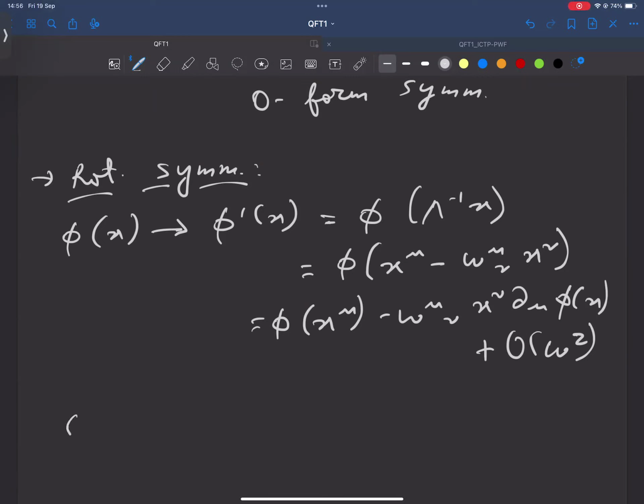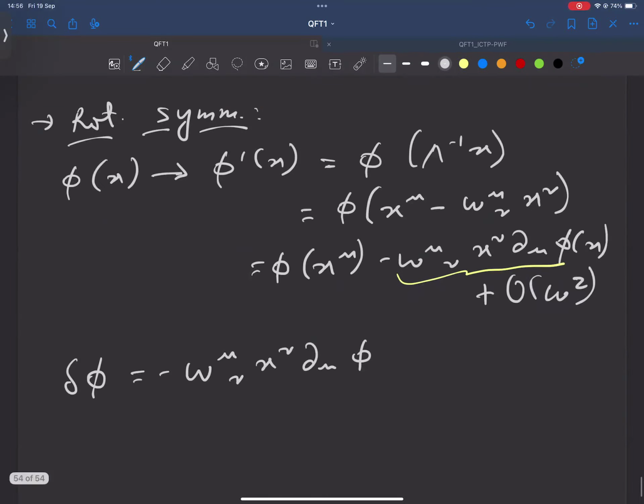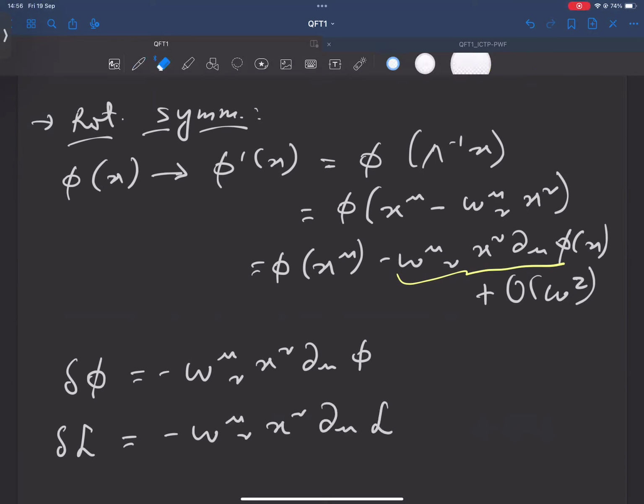Now from here, you see that you can read off the field transformation as this, right? x nu del mu phi. So that's this piece here. And so for the Lagrangian density you can compute the delta L. It translates as this. Okay.